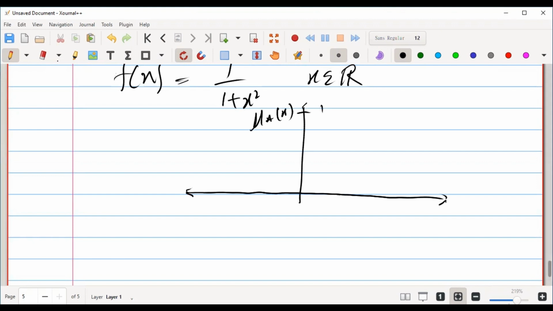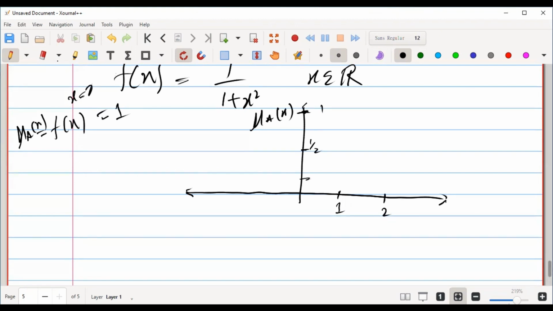If I take x is equal to 0, mu a of x is equal to 1. It is 1 at 0. If x is equal to 0, 1 upon 1 plus x square is 1. If x is equal to 1, it is 1 upon 2. If x is equal to 2, its value is 1 upon 5.